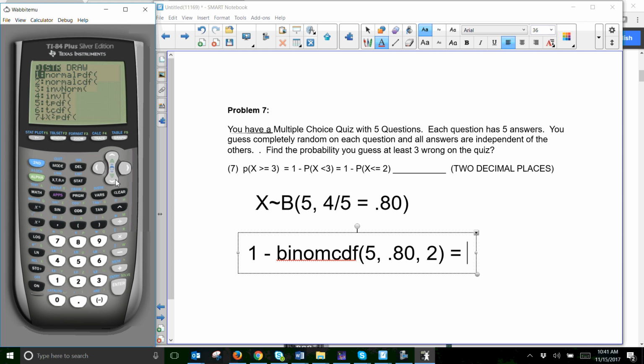Second bars, binomial CDF, 5 trials, probability of success 0.8, and value 2. Paste that in. We're going to do 1 minus that.